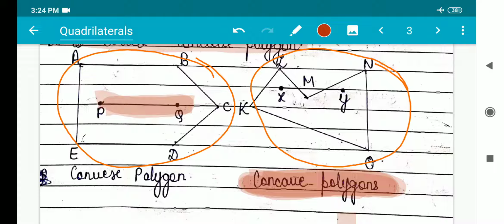Hope you are understanding that if a line segment is completely lying inside a polygon, then it is called a convex polygon, and if the line segment's points are lying inside but the line segment is not completely lying inside the polygon, then it is called a concave polygon.